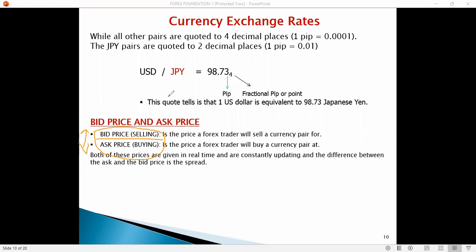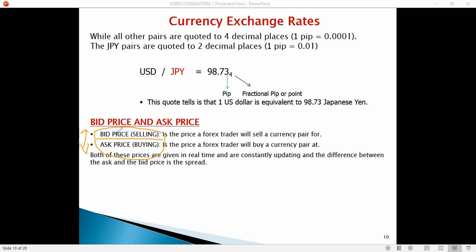Your bid price is the price you are selling at, which means it is the price people are going to buy from you. Anyone who is going to buy from you, you are selling to them.